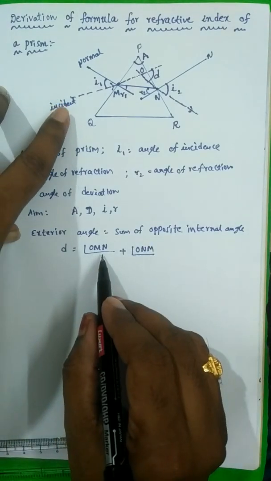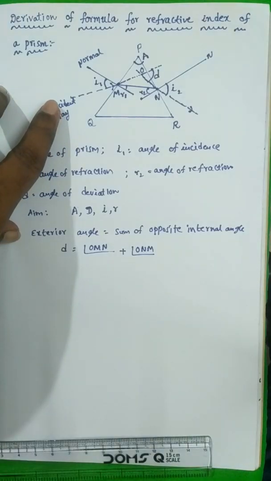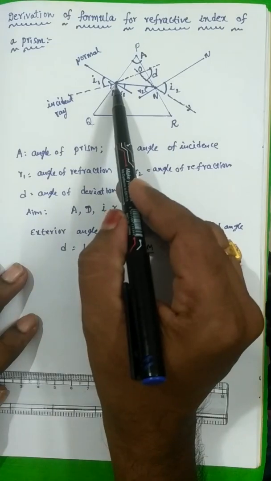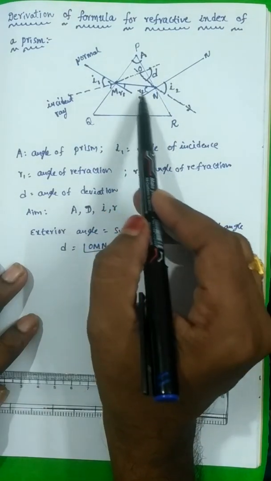So how can we calculate OMN and also ONM? We have to calculate angle OMN by using this triangle OMN.